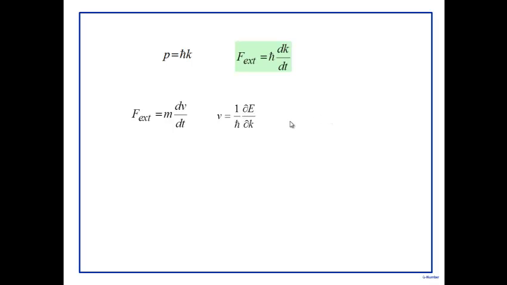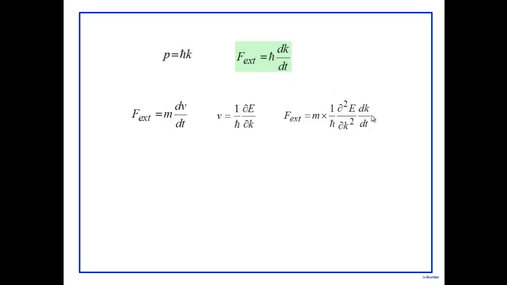I can get another expression for the external force, written as mass times dv by dt. All that we have done is take one more derivative and write it in terms of dk by dt. Okay. So taking a derivative del by del k and then del k by del t. So we get an expression for the external force acting upon an electron, which is over here.